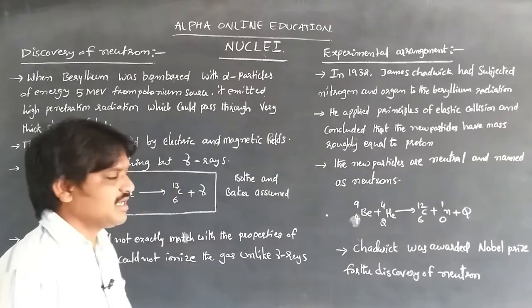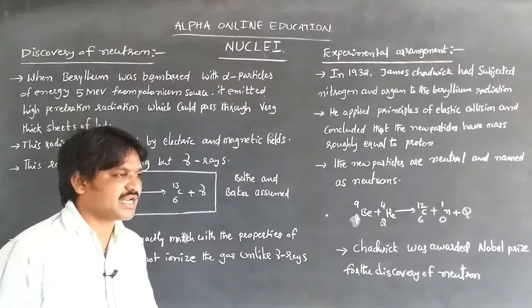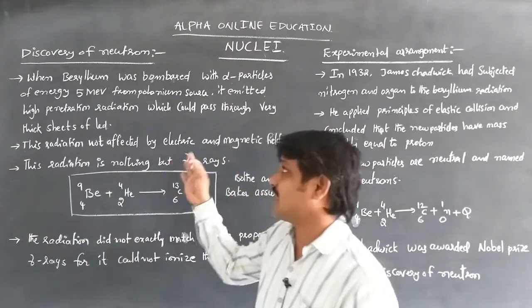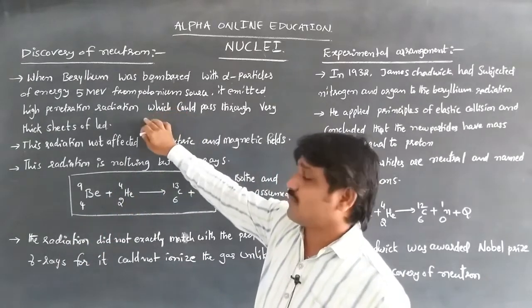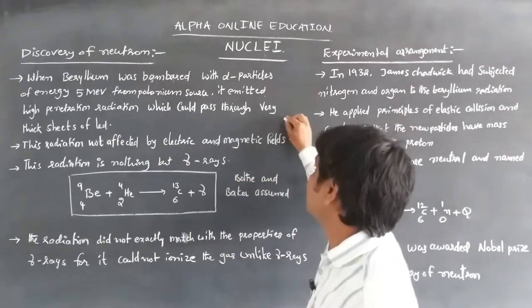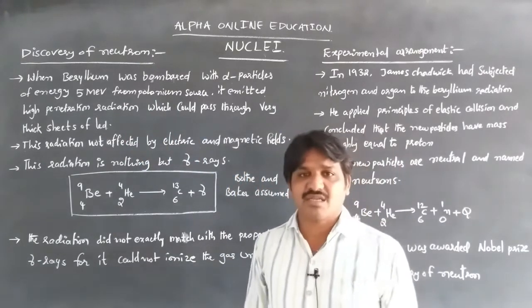After that, Frederick used nitrogen, argon, paper, paraffin wax and water in front of the beryllium radiation emitted from the source.